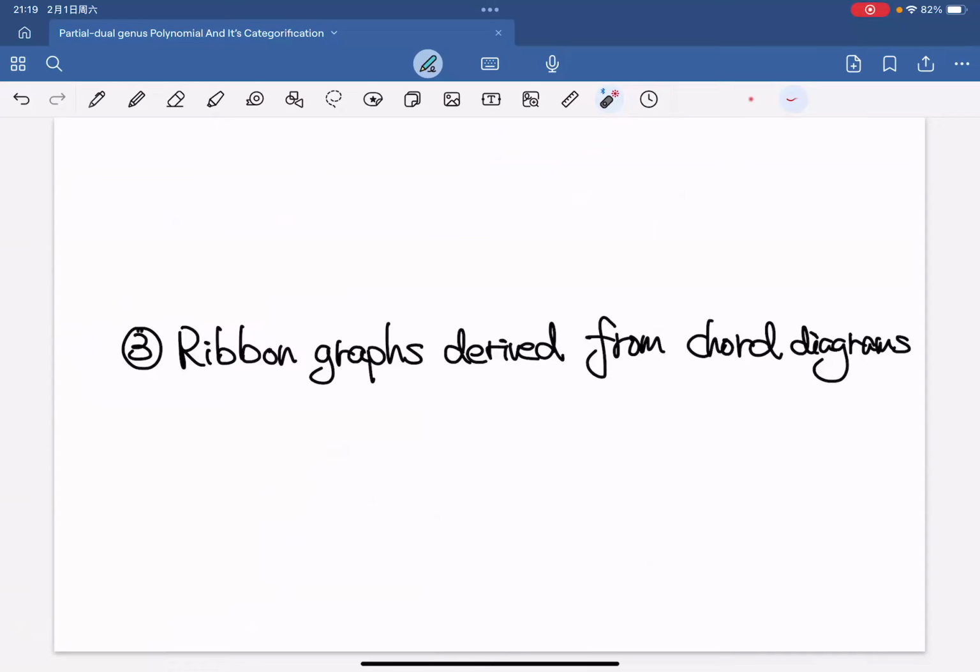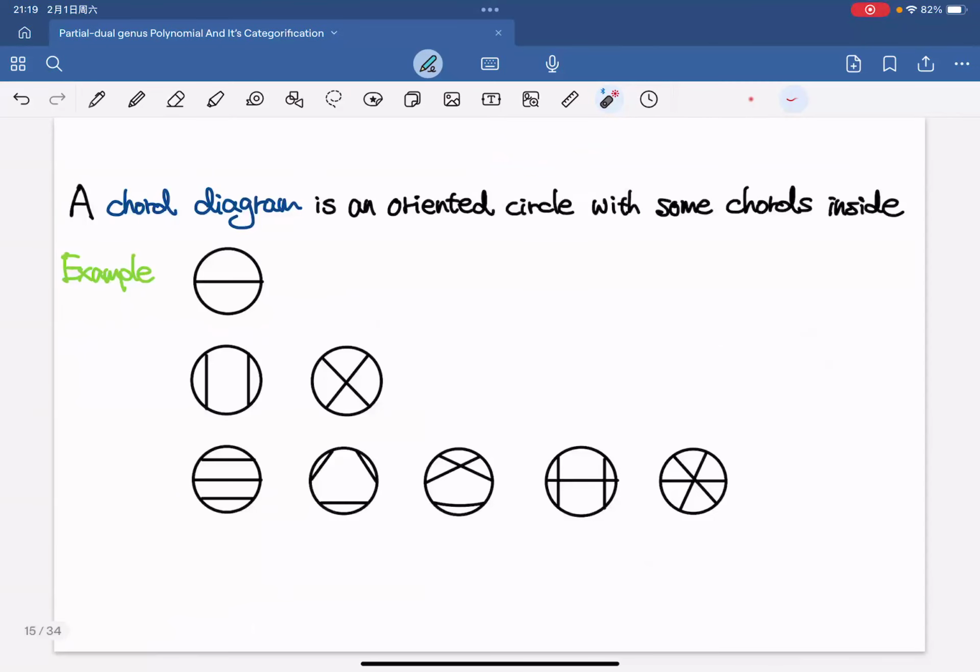In my talk, I will mention two results. The first one, we will consider the ribbon graphs derived from chord diagrams. So first, I will tell you what a chord diagram is. Roughly speaking, a chord diagram is just an oriented circle with some chords inside. Here, I will show you some examples.